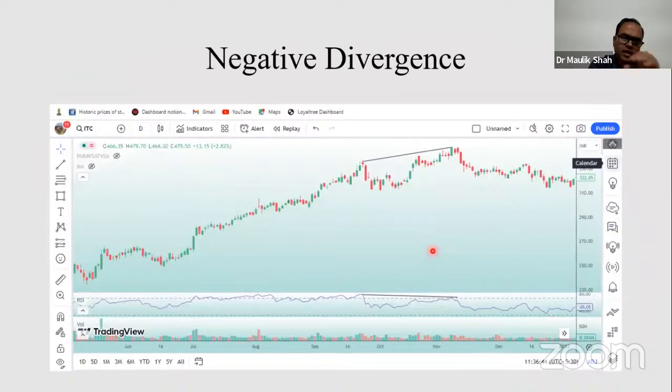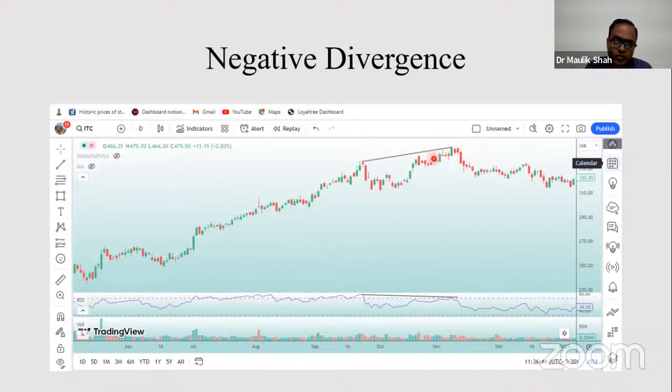Similarly, the negative divergence. This is the place where you can consider probably booking your profits. Since this is negative or bearish divergence, we are drawing the trend line above. When the price is making a higher high and the RSI is making a lower high, see, it has gone up, this has gone down.